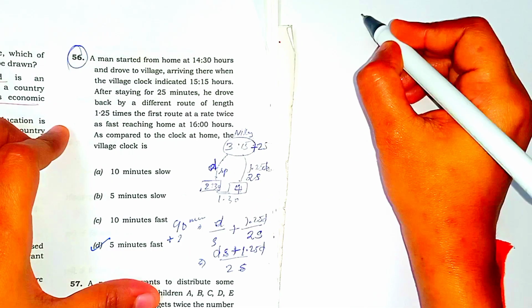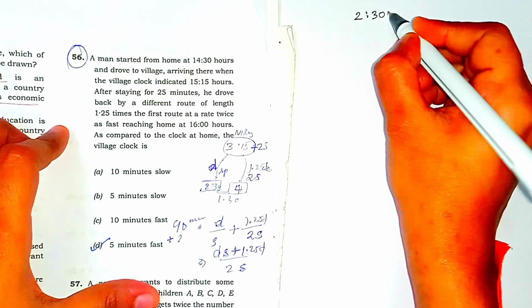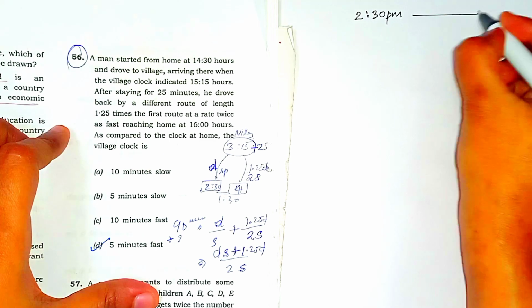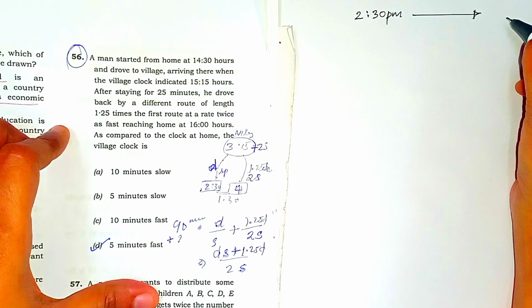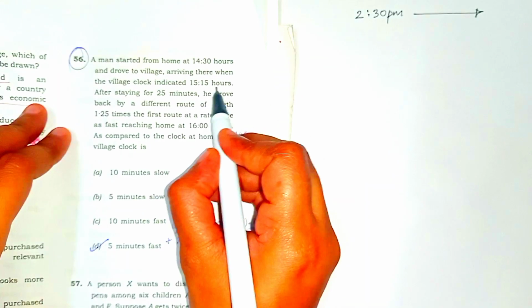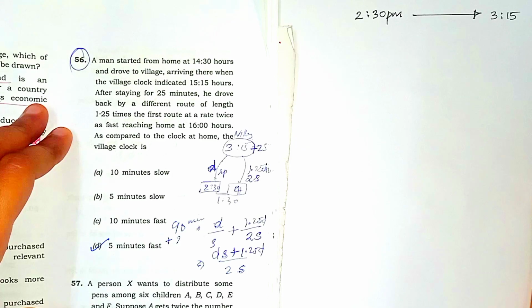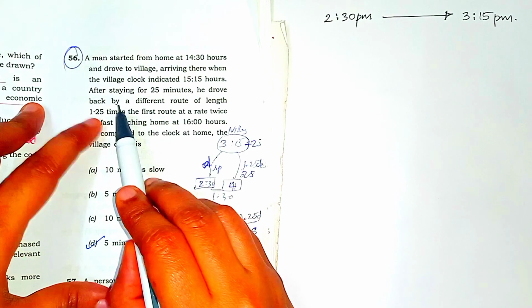So let's say when he's starting at home, his home time is 2:30 p.m. and drove to village. He is driving to his village and he is arriving there when the village clock indicated 3:15. The village clock is showing 3:15. Okay, this is the information given.